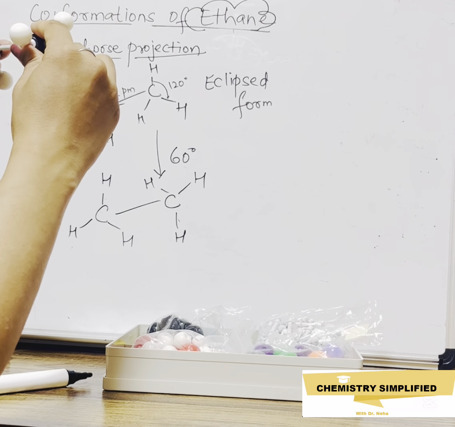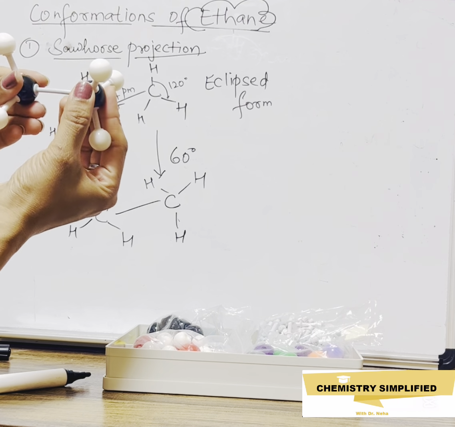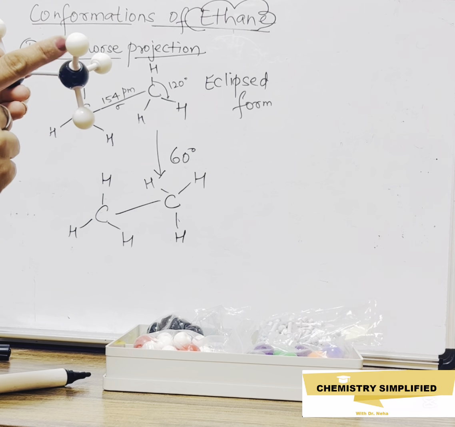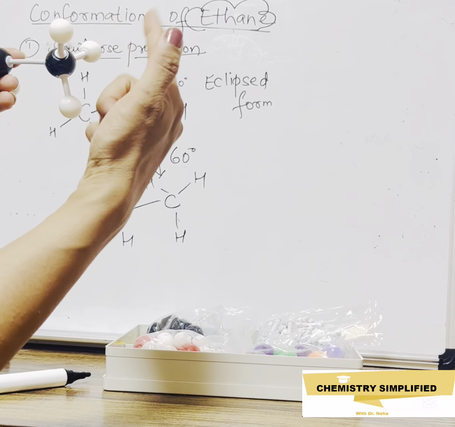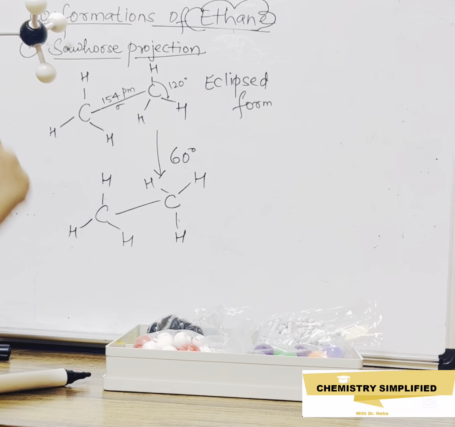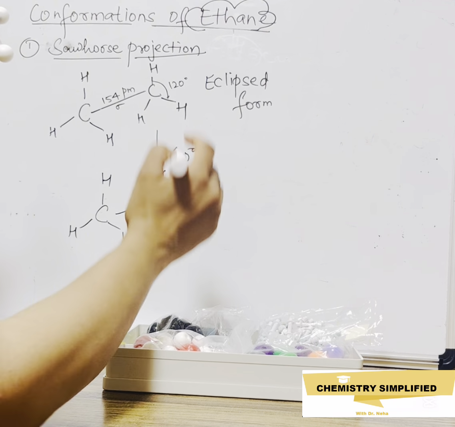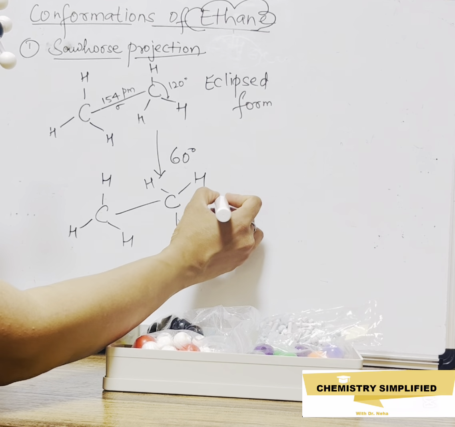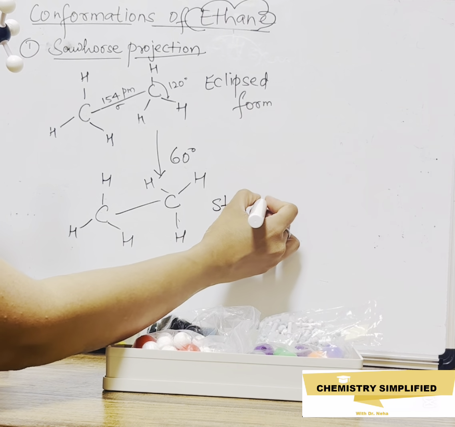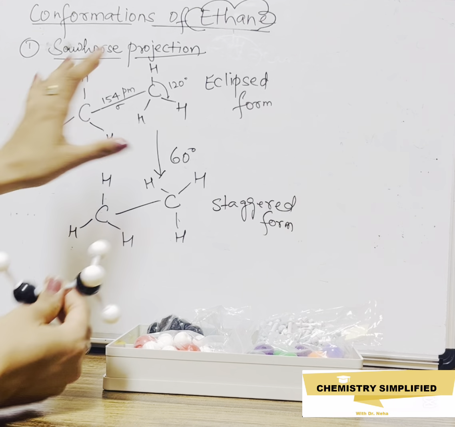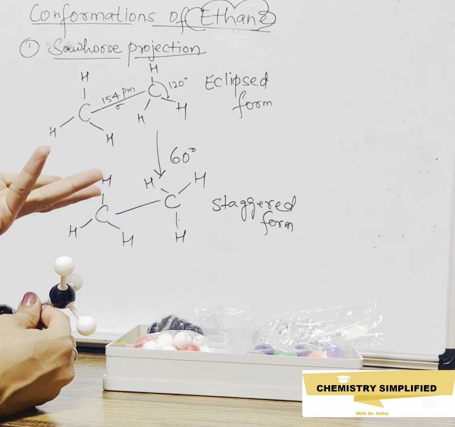And after rotating, when for one carbon atom there is 1 hydrogen up, the other carbon atom has 2 hydrogen up, that form is known as the staggered form. Now the question should come to your mind: out of these two forms, one eclipsed and one staggered, which one is stable?